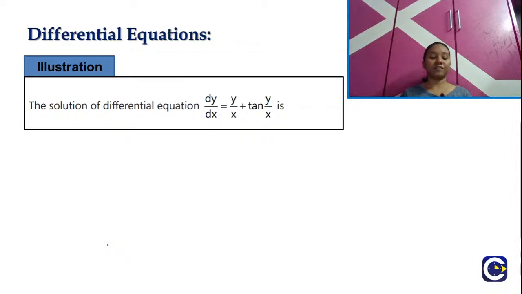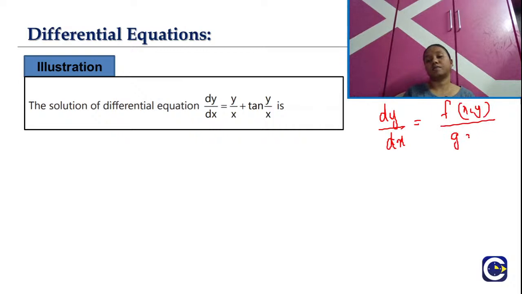Take a look at the given differential equation. You have to verify whether it is in the format of dy by dx equal to f of x comma y by g of x comma y or not.